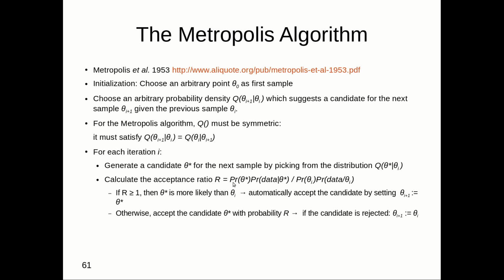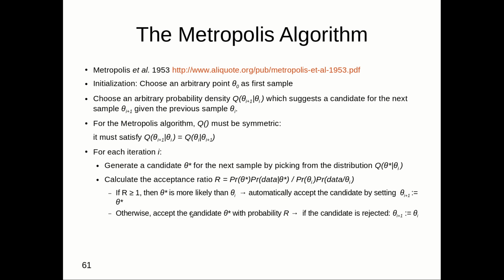This is the prior probability of theta star multiplied with the likelihood of theta star, over the prior probability of theta i multiplied with the likelihood of theta i. If the ratio is larger than 1, then theta star is more likely than theta i, which means that we automatically accept the candidate by setting theta i plus 1 to theta star. So this is our next sample.